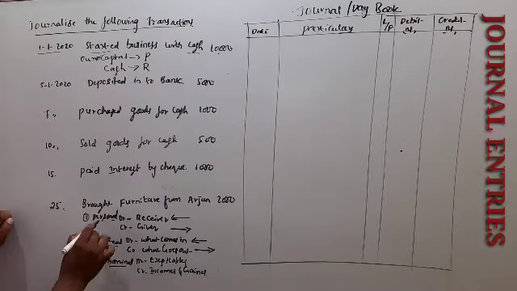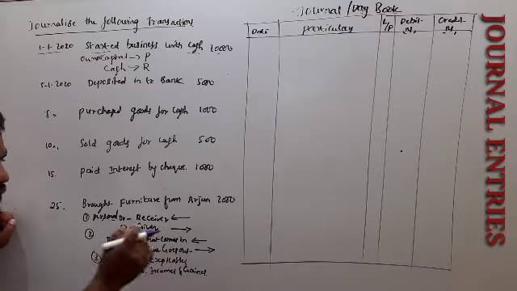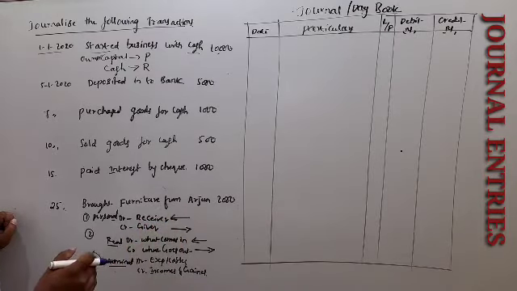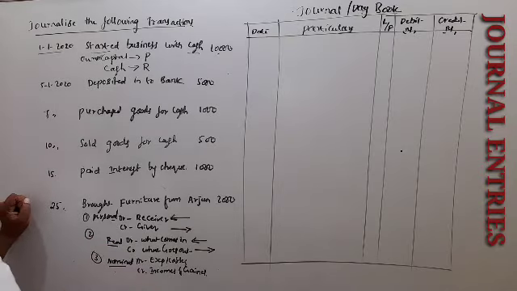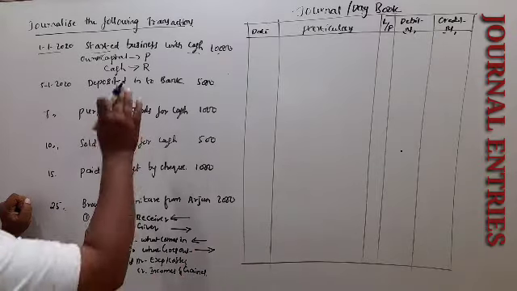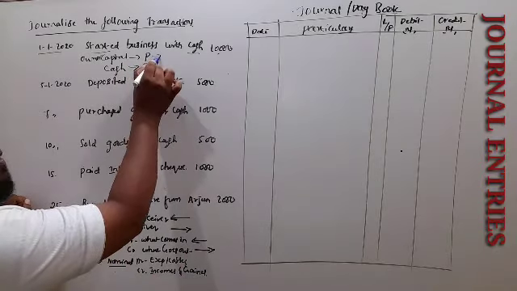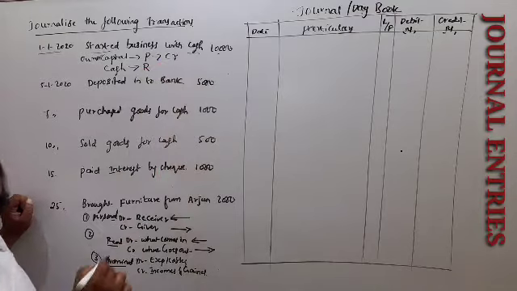Personal account rule: debit the receiver, credit the giver. The owner starting his business is giving cash to the business, so the owner is the giver. This is the credit side.